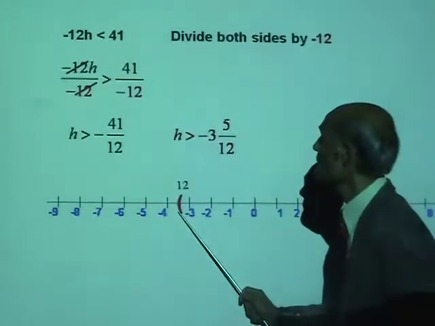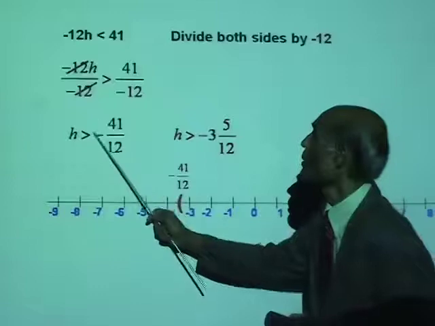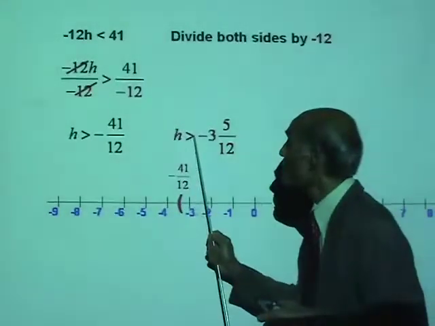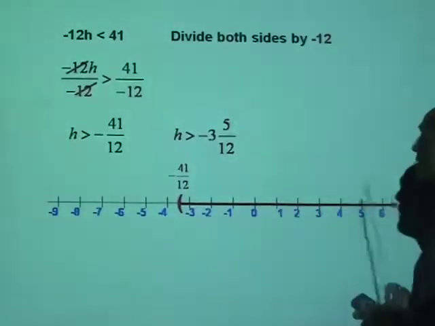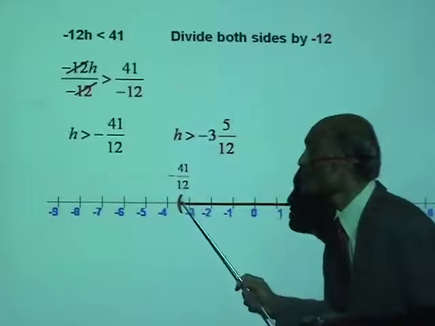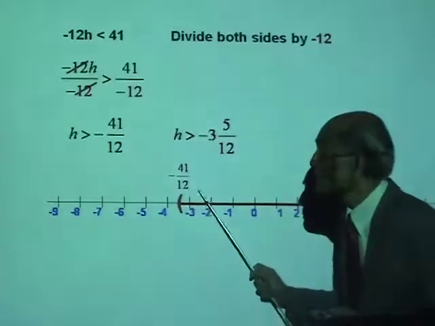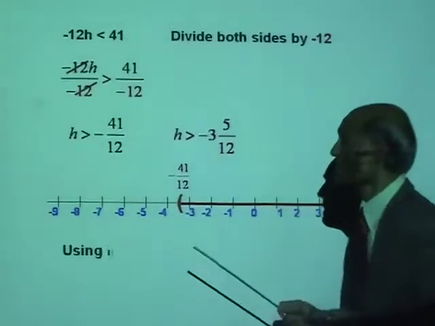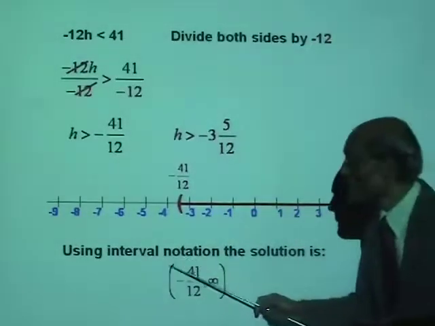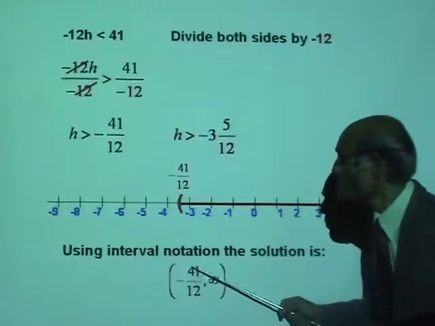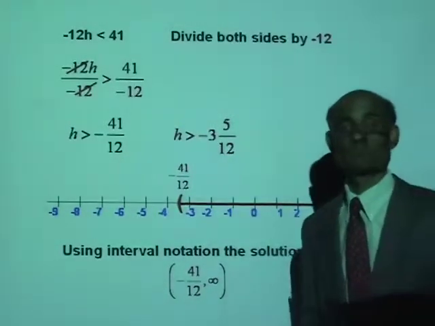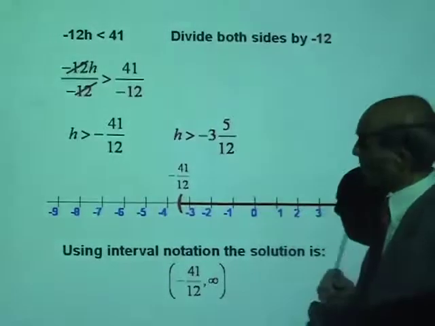That is negative 3 and 5 over 12, or negative 41 over 12. And greater than, arrow to the right. Now, is negative 41 over 12 included? No, we have a parenthesis. So on the interval notation, it will be parenthesis, negative 41 over 12, comma, infinity. All right.